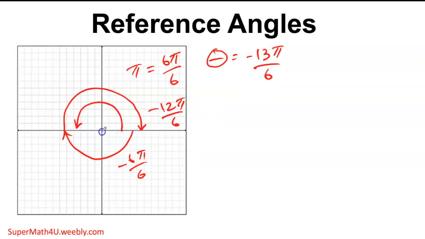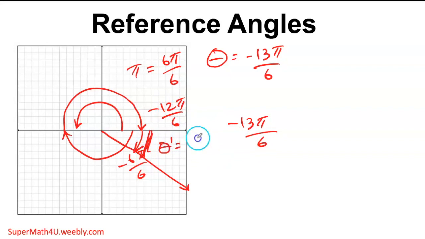Therefore, I need to go one more. So all the way up to here is negative 13 pi over 6. You just notice that from 12 to 13, this reference angle is going to be pi over 6, always a positive angle.